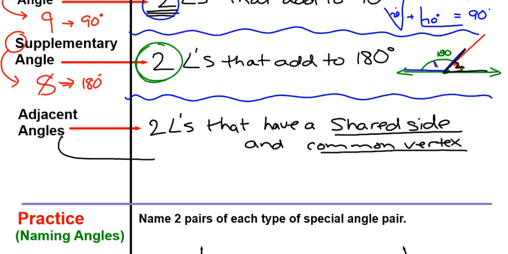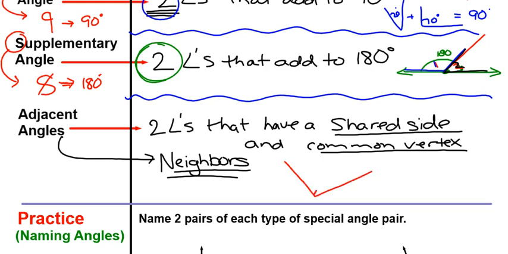Basically, adjacent angles have to be neighbors to each other. They do not have any special angle name. They just have to have 2 angles with a common vertex and a shared side. That makes angle 1 and angle 2 adjacent.